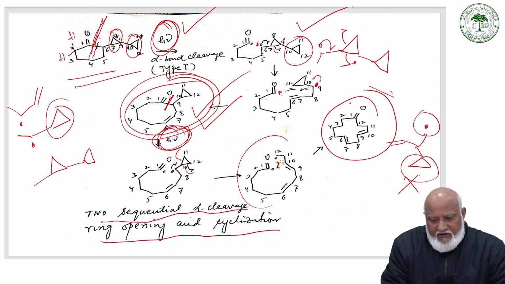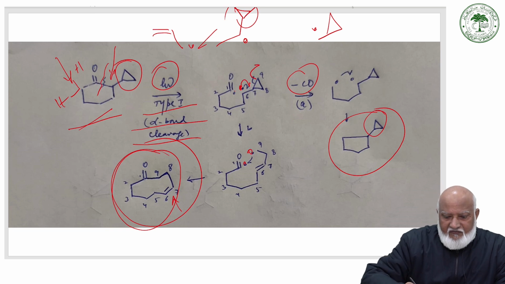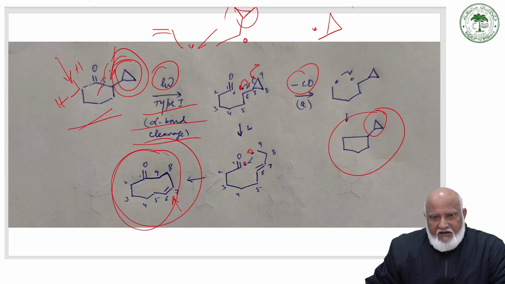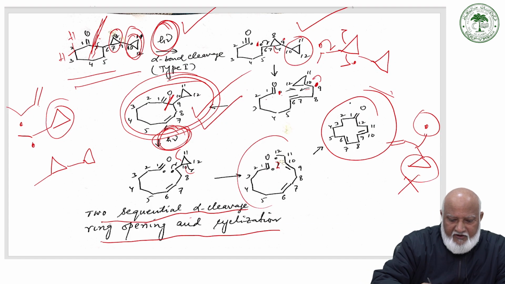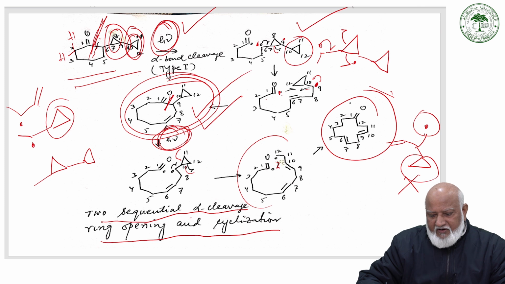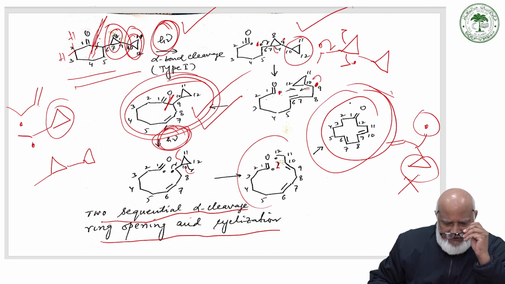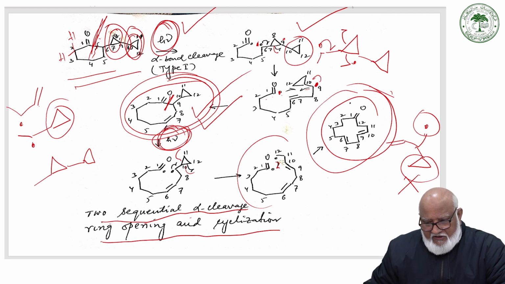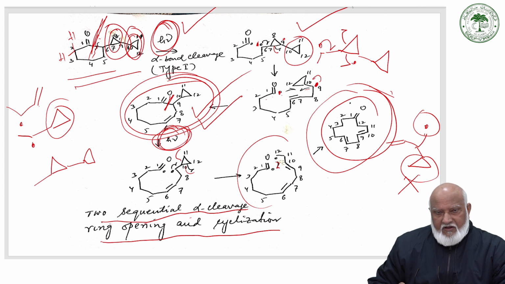So we can see here, as we have seen in the previous case, that the cyclopropane ring is a part of the ring system. Now we have 2 cyclopropane rings, and both are part of the macrocyclic system. We started with cyclohexanone with 2 cyclopropane rings to give a 12 carbon cyclic ketone.